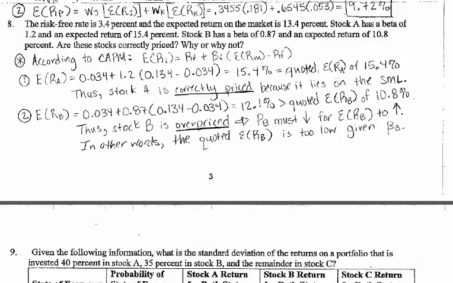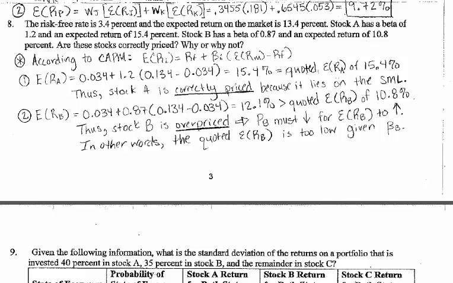So which one's better? Or another way of saying this is, is stock B overpriced or underpriced? Well, it's going to be overpriced, and that seems a little weird in some contexts, but you have to remember that they're telling you you're going to get a 10.8% return, but you should be getting a 12.1% return.